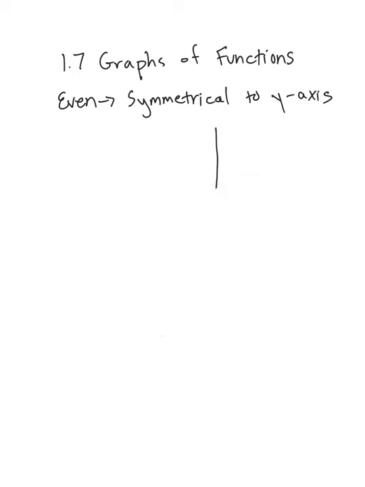So if I drew a line here, for example, a parabola is an even function, and if we folded it right down the middle on the y-axis, the basic form should match the other side.